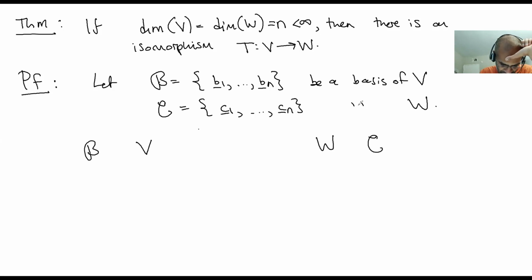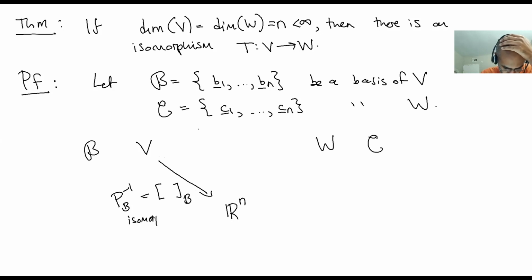I know how to actually construct isomorphisms between V and Rn, right? So there's an isomorphism between V and Rn, namely the coordinate mapping, which is also PB inverse, right? That's an isomorphism. It's one-to-one and onto.